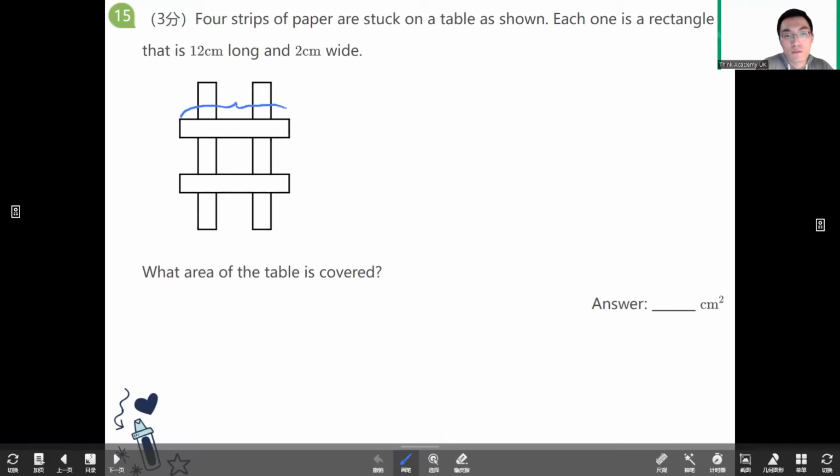This is 12, the length, and the width is 2. Because this is 2, this is the width of the vertical rectangle. That means for this square, the overlapping part is a square which has side length 2. It's a 2 by 2 square.